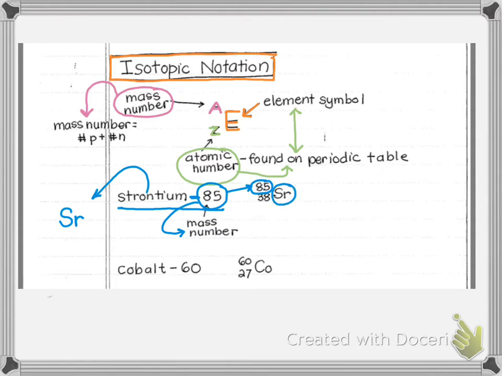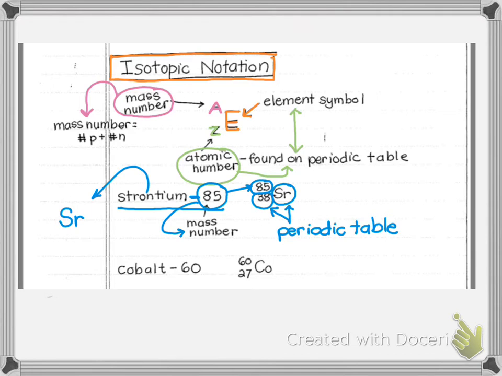And then again, referring to the periodic table, you will see the element number, or the atomic number, is 38. So both the element symbol and the atomic number are found on the periodic table. In this chapter, it will probably be very helpful to have a periodic table close by.